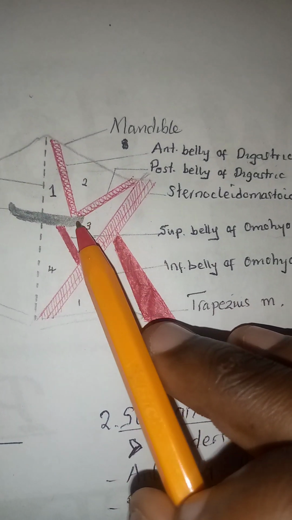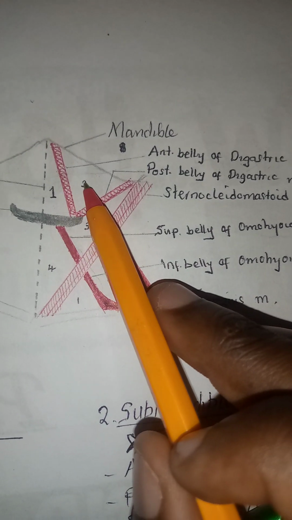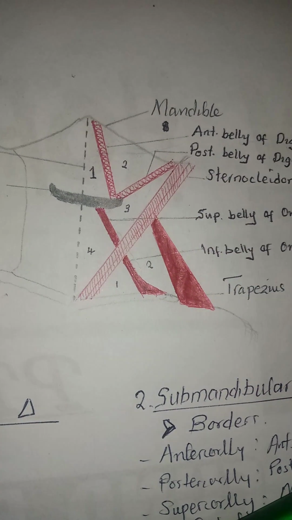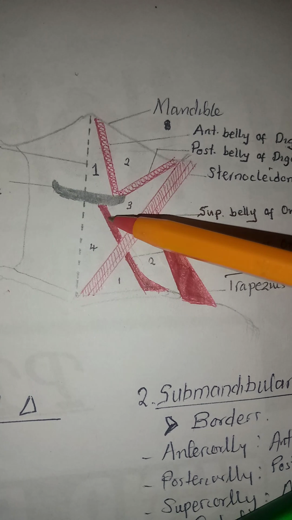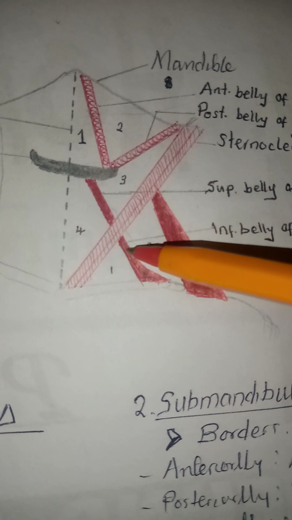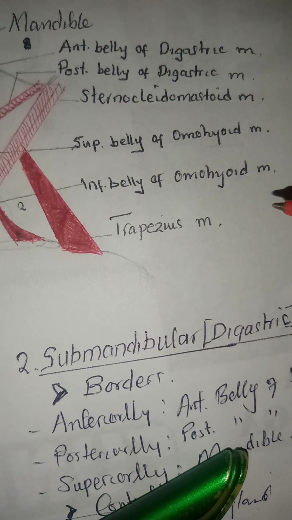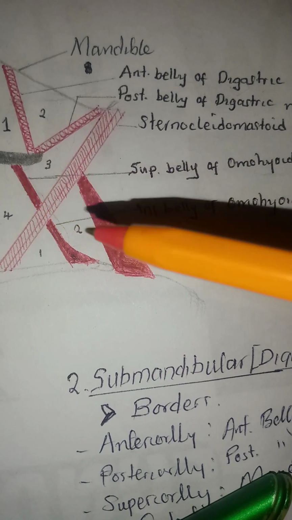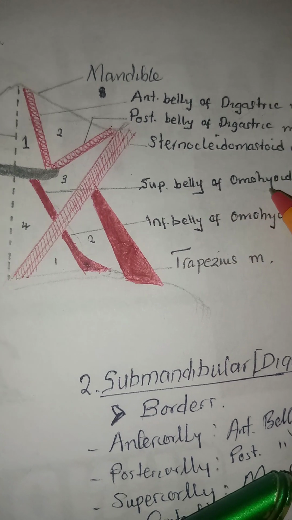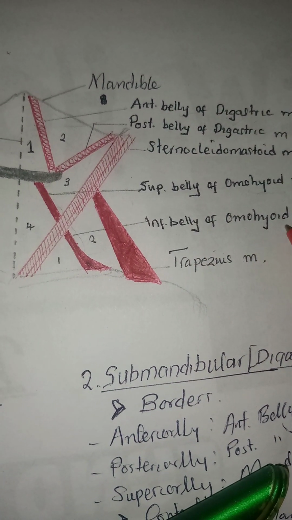So you see it is making something that looks like a triangle, cutting from here all the way up to here, and then going this side. The other muscle which has been added is the one in dark red, called the omohyoid muscle. The omohyoid muscle is also divided into two bellies: the superior belly of omohyoid, and down here the inferior belly of omohyoid.